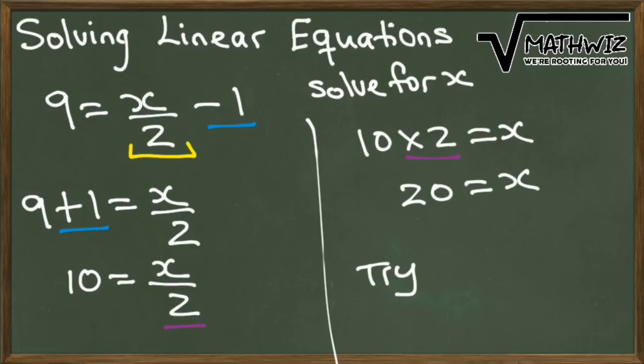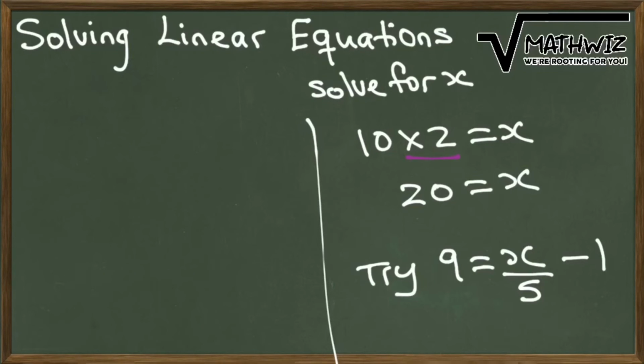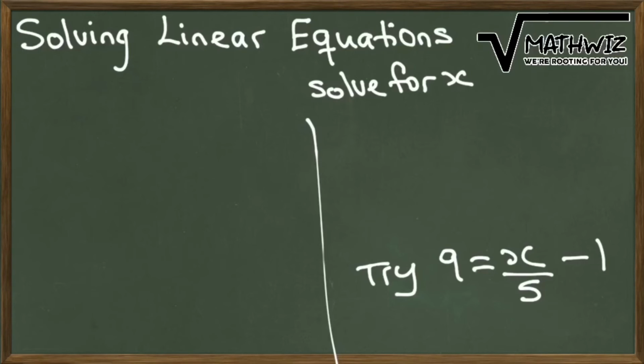So once you are through with that, you can go ahead and try, so you may pause the video, go ahead and work it, and then press play for the solution. So we have 9 is equal to x over 5 minus 1.